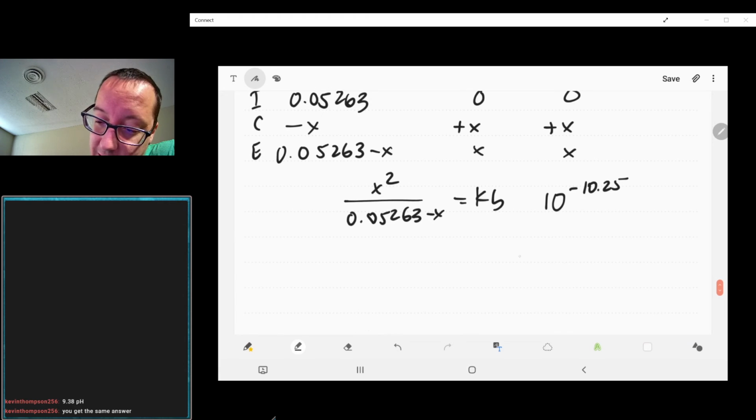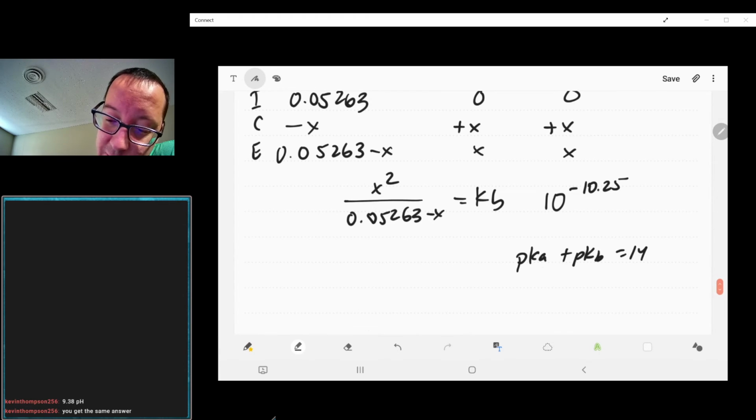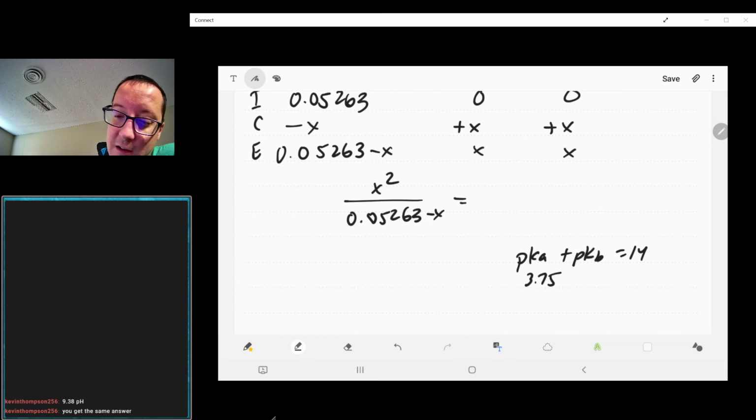Remember that pKa plus pKb is 14, so if we had 3.75, our pKb is 10.25. So all this stuff should be there. Definitely our Kb is much, much smaller. Our x is going to be very small compared to the value here.